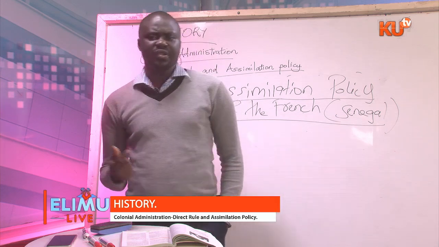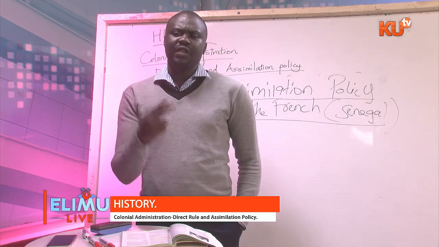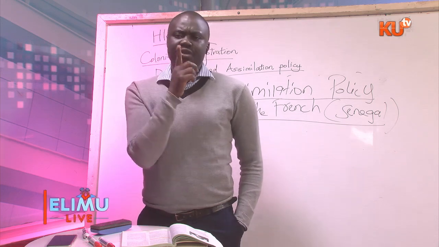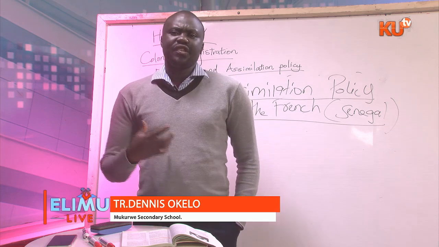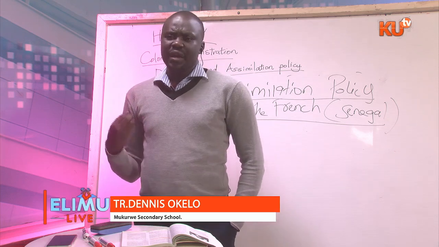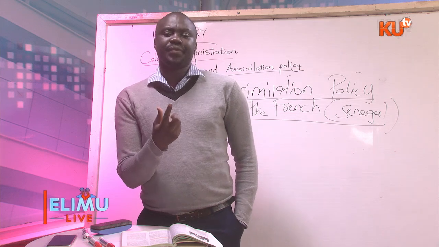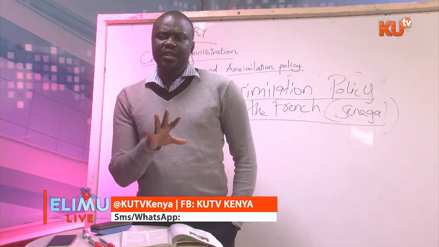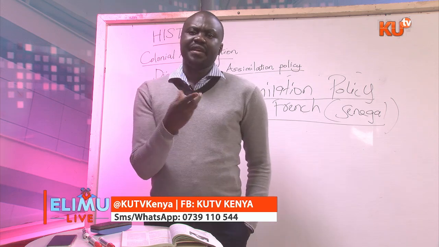So if you go to the former French colonies, Francophone Africa, you'll find that mostly they've adopted French culture. That is why the art and culture in most countries like DRC and Ivory Coast really replicate the culture in Paris.